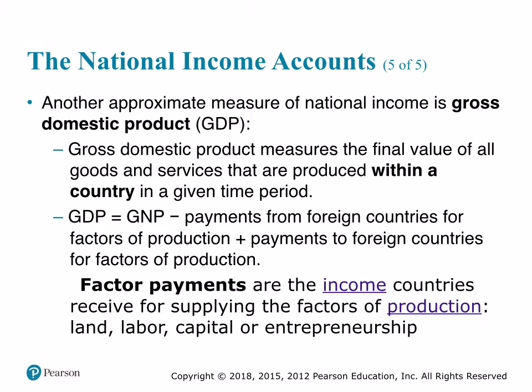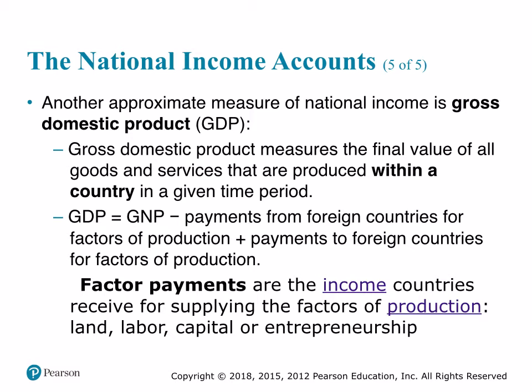For instance, wages are a factor payment because wages are paid for services of labor. Interest is a factor payment because interest is paid for the services of capital. Rent is a factor payment. Rent is paid for the services provided by the land or other immovable assets. And profit is a factor payment. Profit is the factor payment to entrepreneurship.